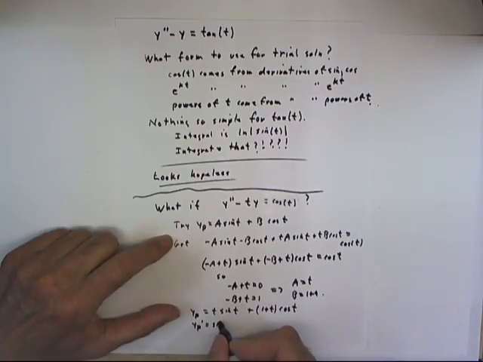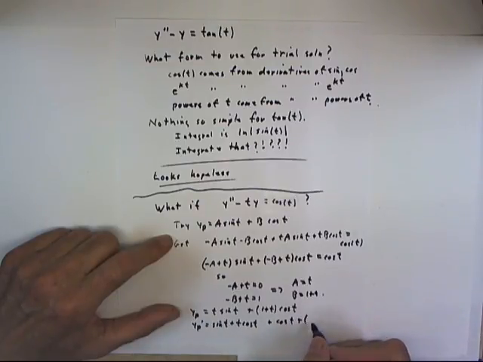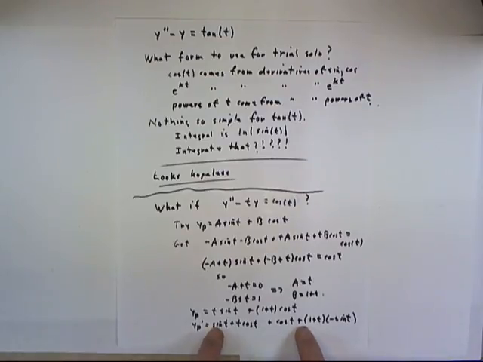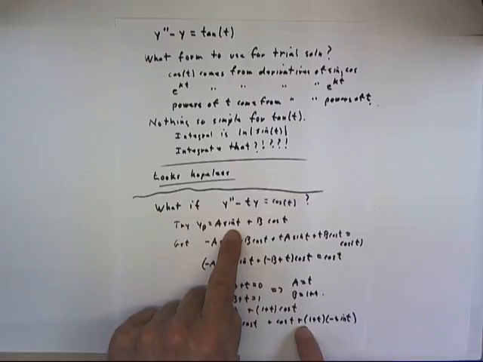We'd have sine t plus t cosine t. And here we'd have cosine t plus 1 plus t multiplied by negative sine t. That doesn't look anything like the derivative of this.